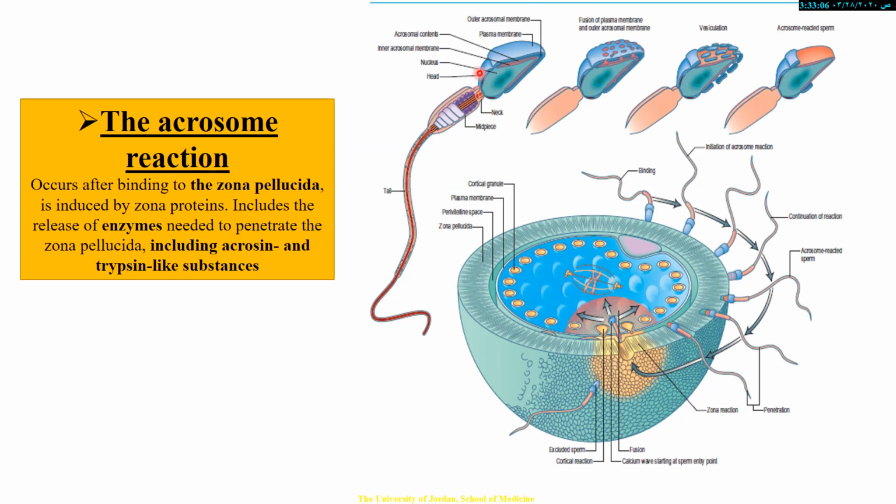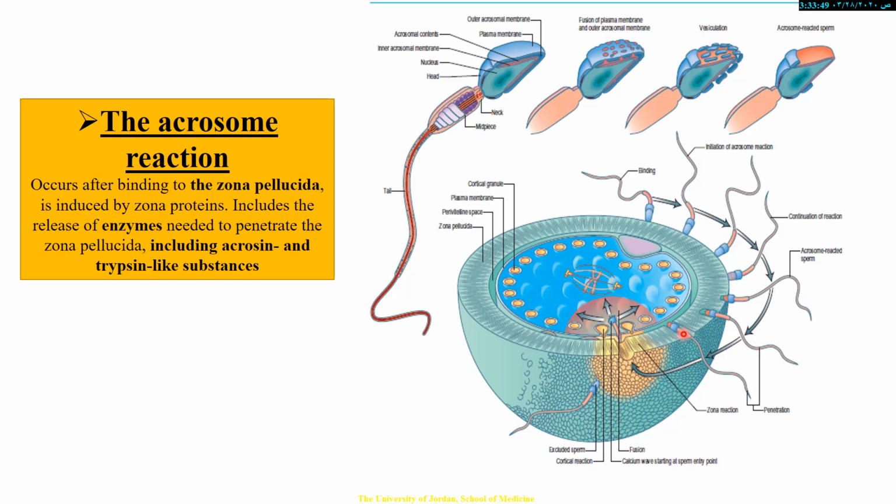Here, as you can see, this layer has been removed, and now the sperm has been exposed, and here we have the acrosome reacted sperm, or the acrosome, which contains enzymes to destroy the zona pellucida. So this sperm won't pass the corona radiata. Only this would pass the corona radiata, and only this can act on the zona pellucida.